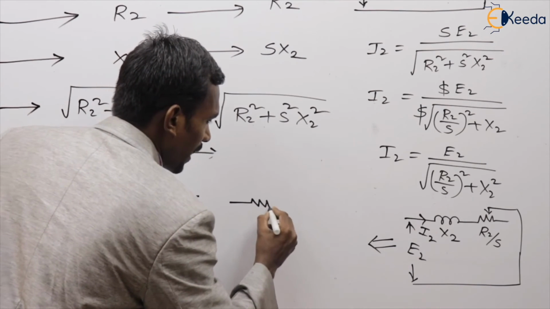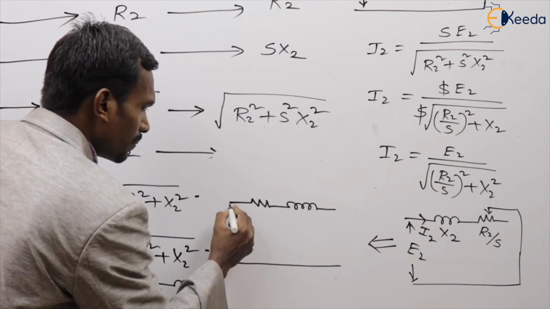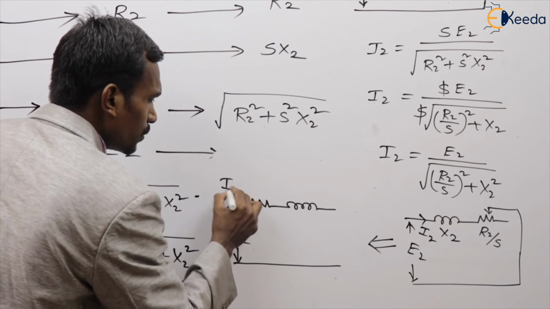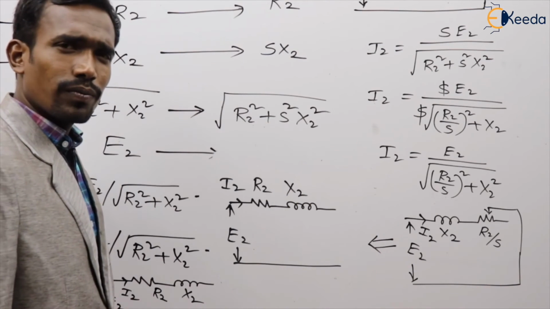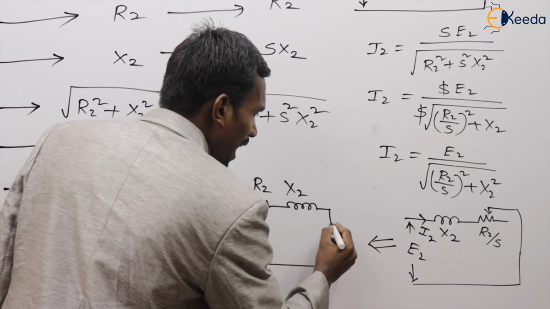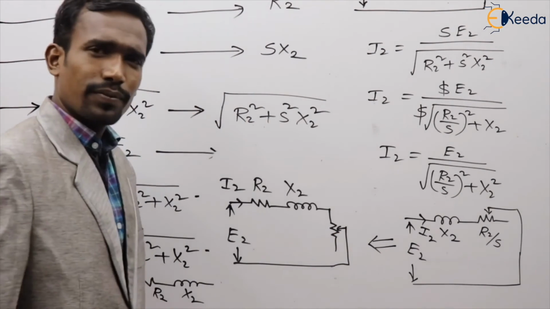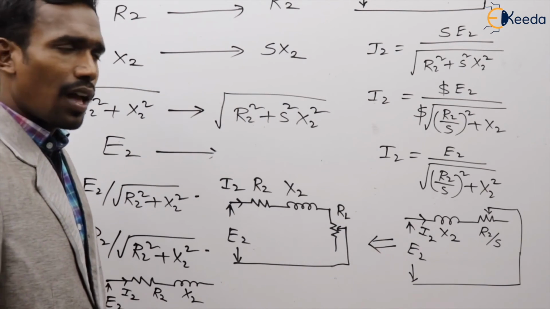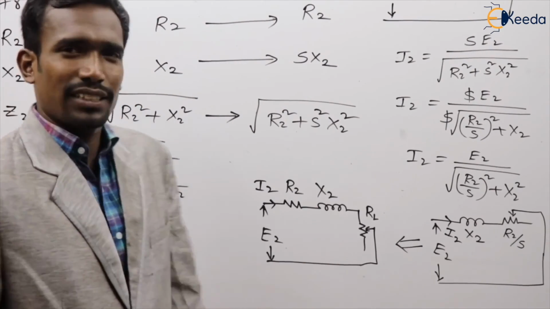For example, this is my R2 and this is my X2, this is my E2 and this is my I2. Sir, here some variable resistance should be there. Yes, I have a variable resistance here, which I'm taking as load resistance RL. I'm saying that both are equivalent.